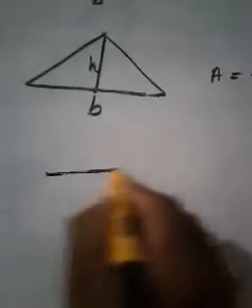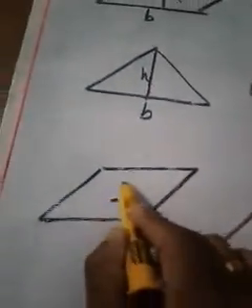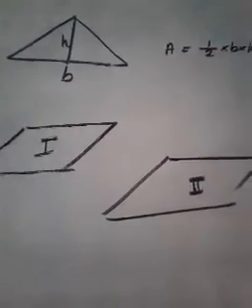If you consider two parallelograms in this way, the first parallelogram and the second parallelogram, can you say that their areas are equal? No. When can their areas be equal?